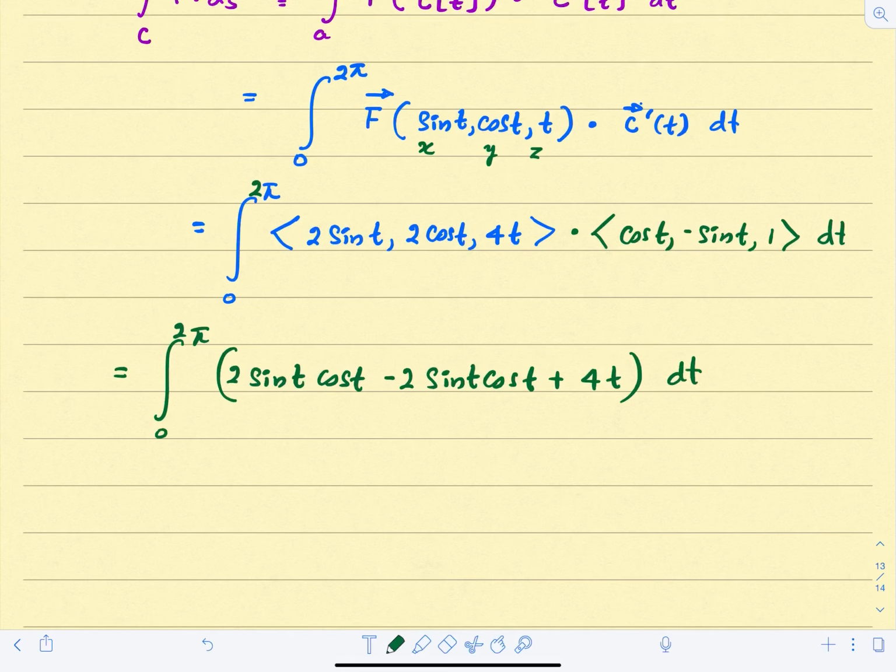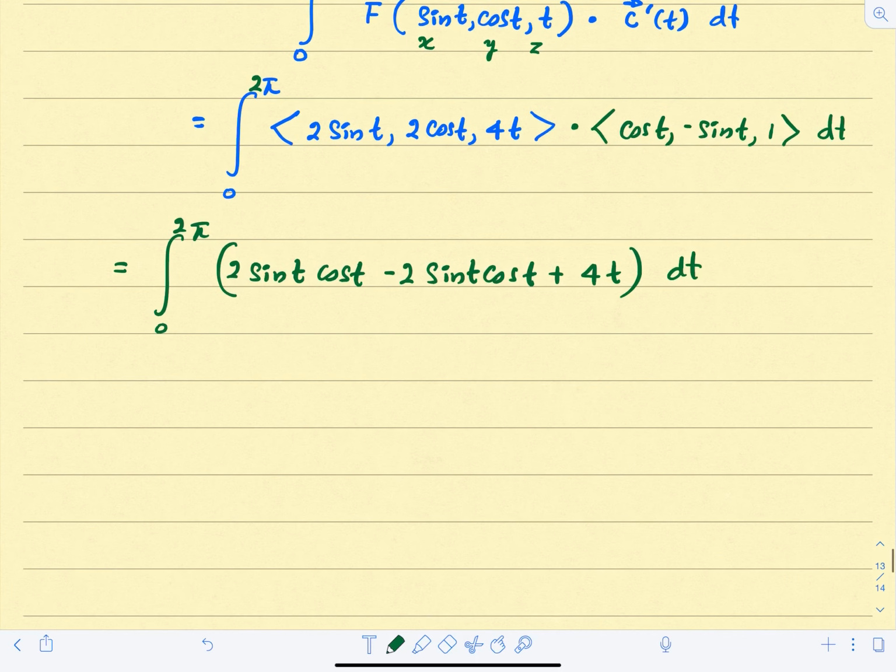This is your new integrand. Now we can cancel this term with this one. Now our integrand simplified to 4t dt.